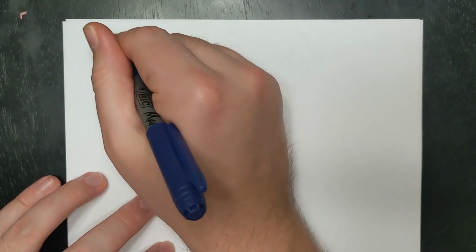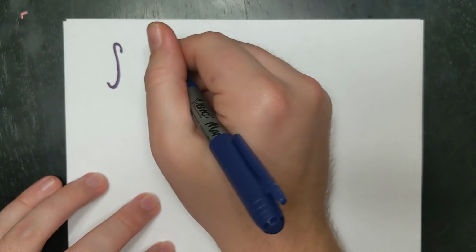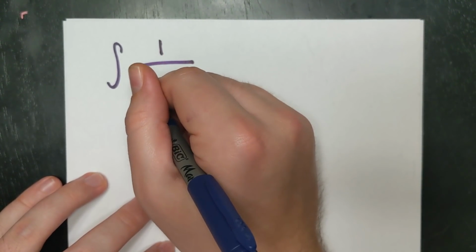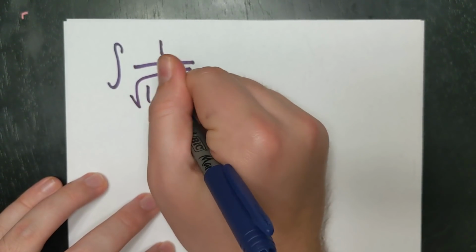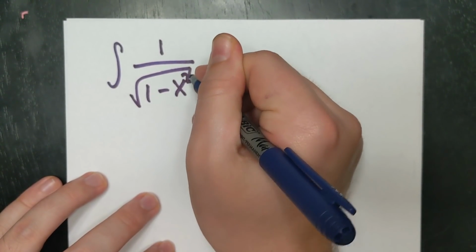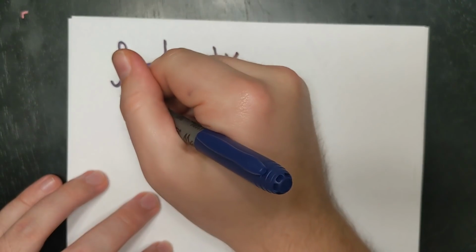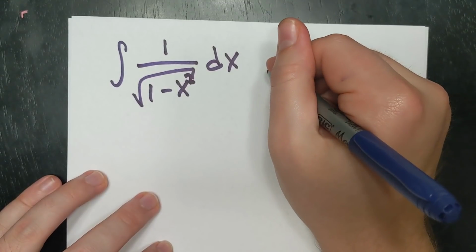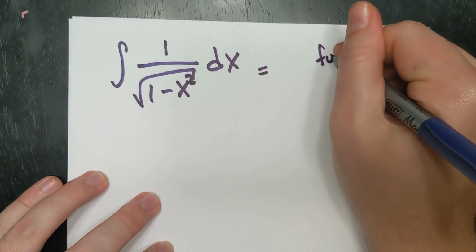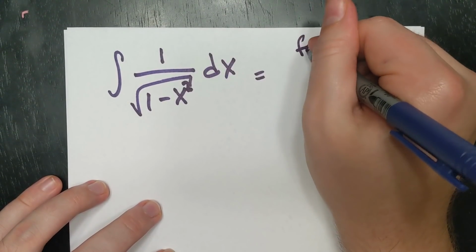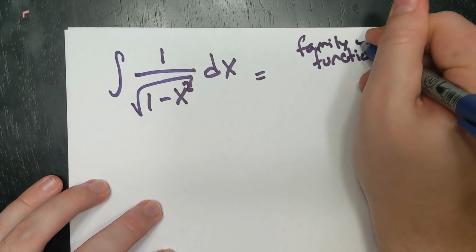So here we just have some indefinite integrals. So then we're given on the review guide these indefinite integrals, like the antiderivative of 1 over the square root of 1 minus x squared dx. And the key thing is, since you don't have bounds, this is going to come out to be not a number but a function. Actually it's a family of functions, because you're going to have this plus c.